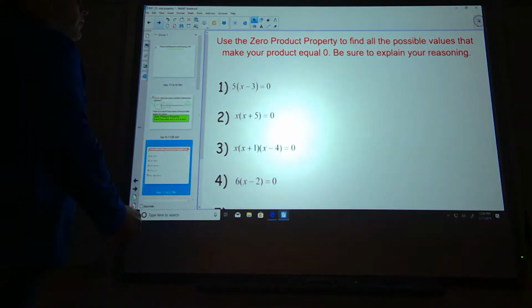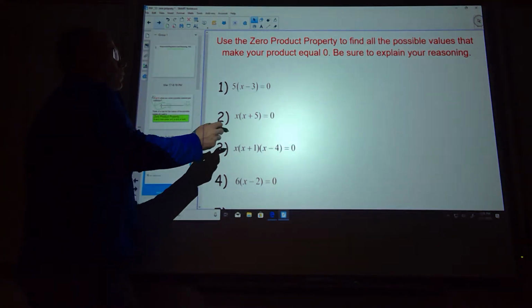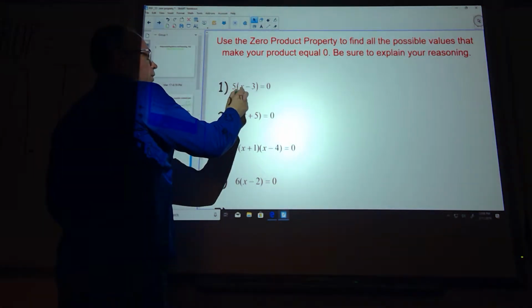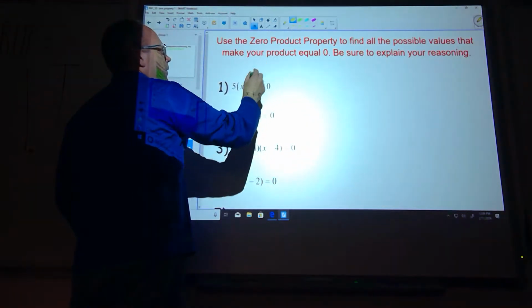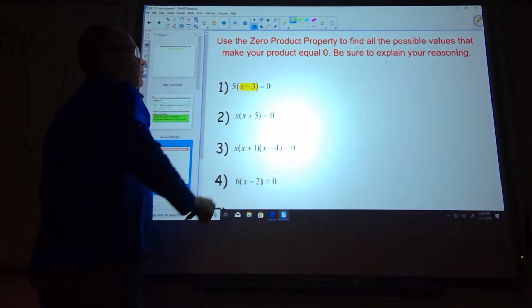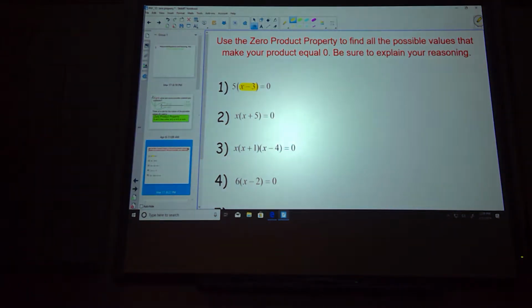Okay, so this next one. I'm not too concerned about the 5, but I'm going to look at this part right here. What number or numbers could I plug in for x that would make that 0? 0 minus 3 is negative 3, but good try. 3.